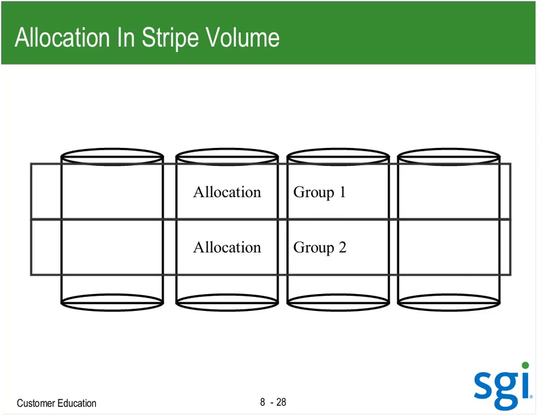This is just trying to show allocation in the stripe volume. So I've got an allocation group here, an allocation group here. Again, every time I make a directory, I go on to the next allocation group, and this results in decoupling the metadata, but I don't want too many allocation groups.